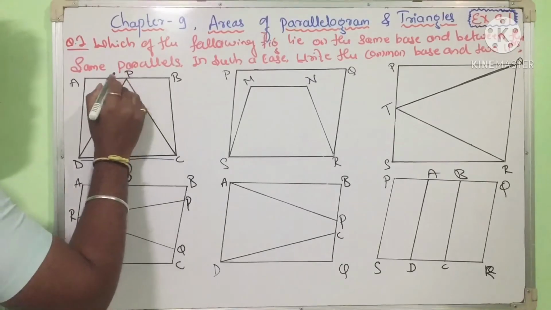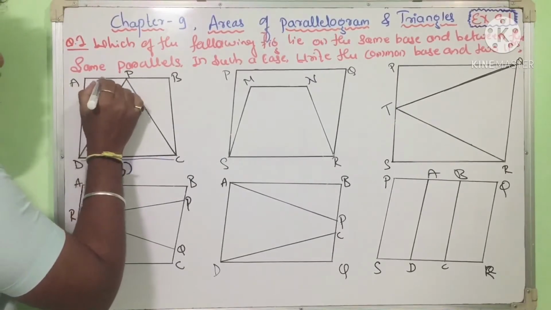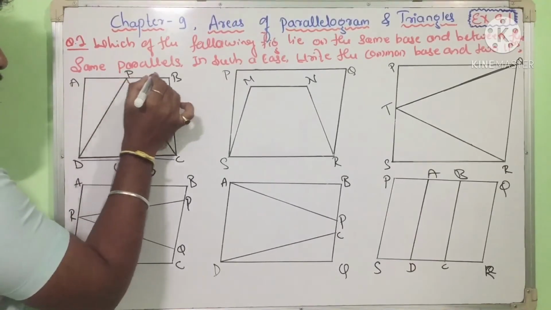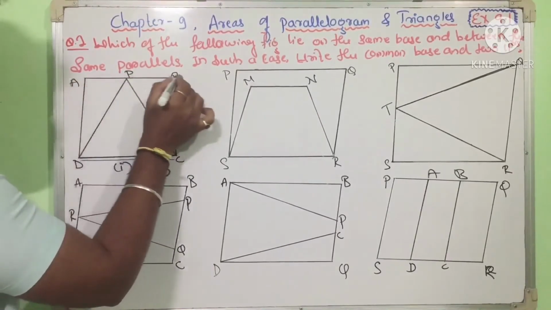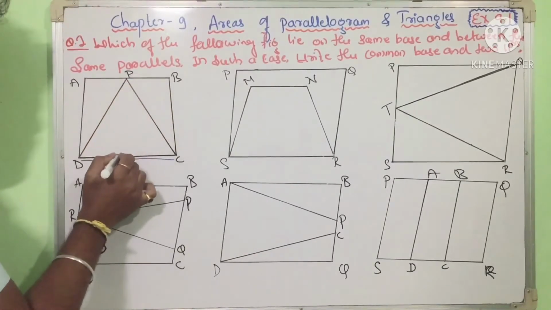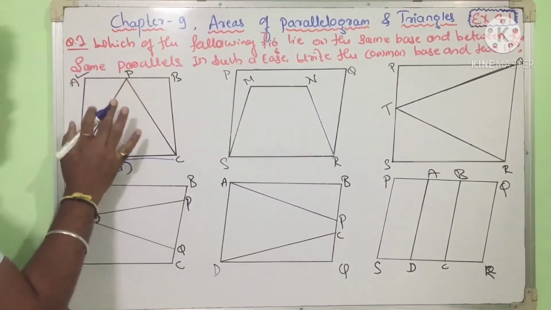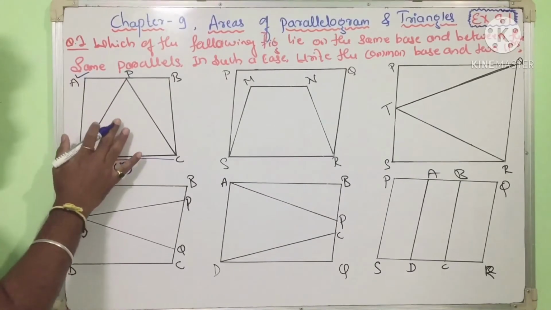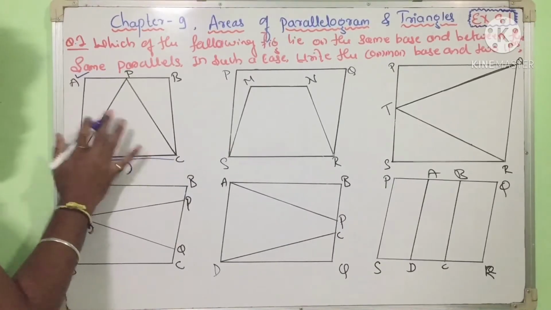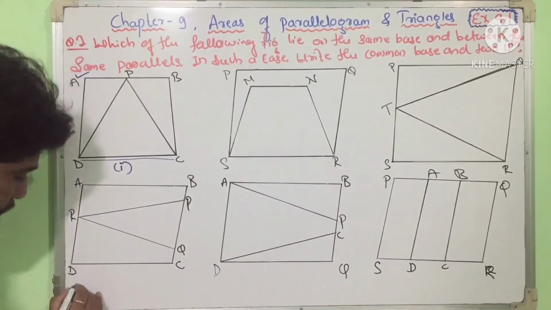Parallel to the base, the vertices of the two figures lie on the same line, here A, P, B. They lie on the same line, right? And these two lines are parallel, which means this figure is on the same base and between the same parallels. Is it clear?